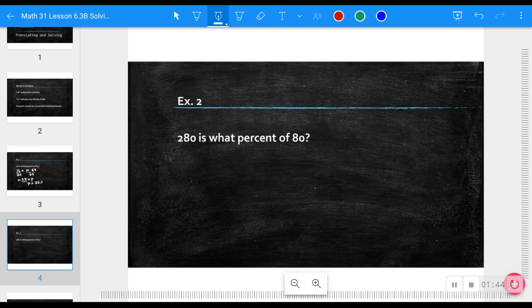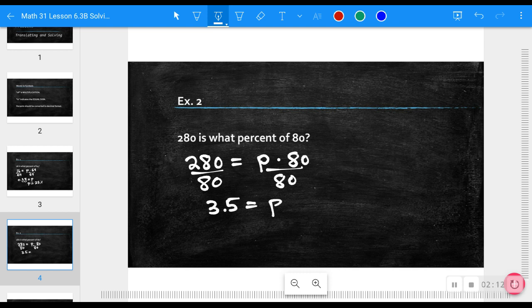Example 2, 280 is what percent, and then the "of" becomes times 80. So in this problem, to get the variable by itself, you divide both sides by 80. And 280 divided by 80 is 3.5.